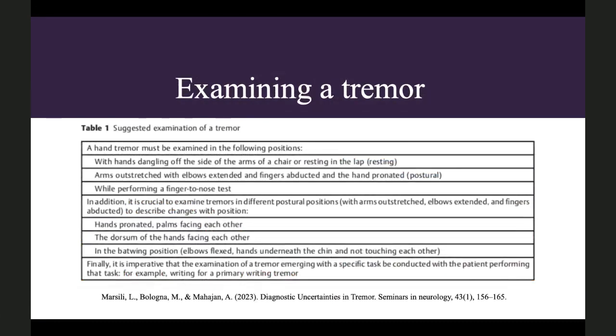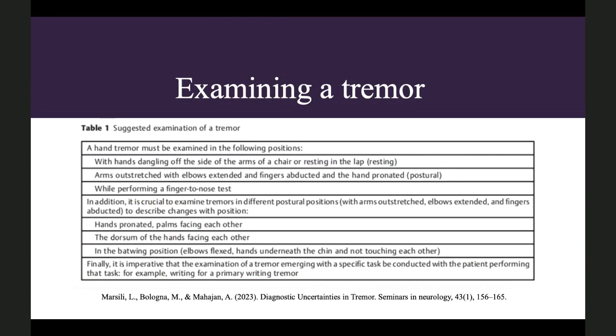And the positions that a tremor should be examined in, there are overall 5 positions, starting with the resting position, so either in the lap or hands dangling off the side of the arms of a chair, and then with outstretched arms, where the hands are pronated and elbows are extended and fingers abducted, and then while performing a finger to nose test.